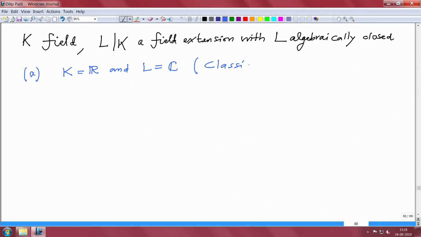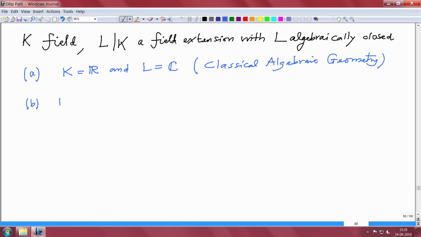When we apply this special case, what we will get is classical algebraic geometry. This is a very old subject and it has a lot of applications in different real fields.